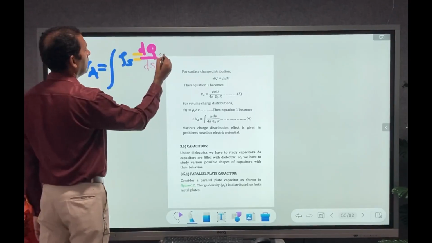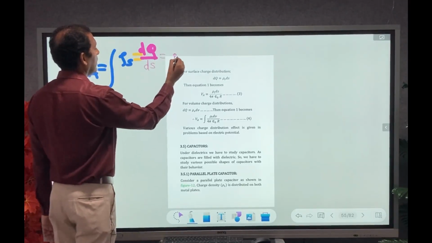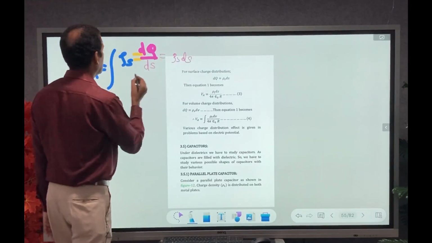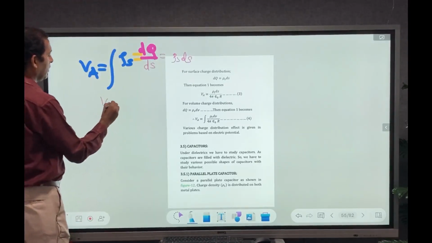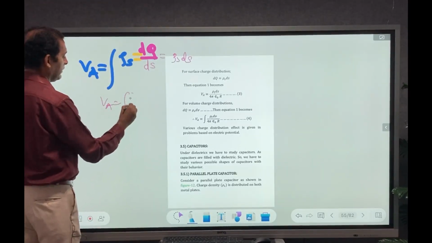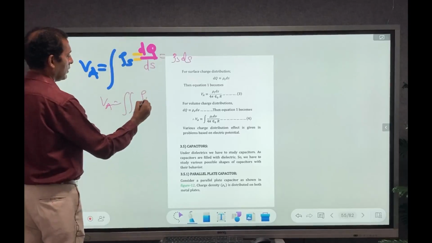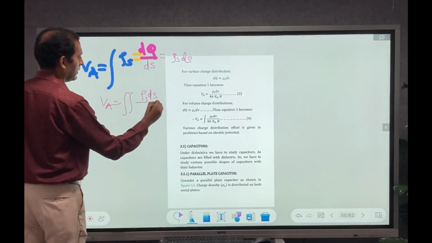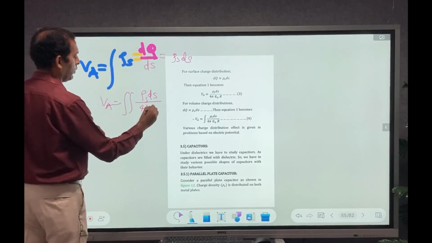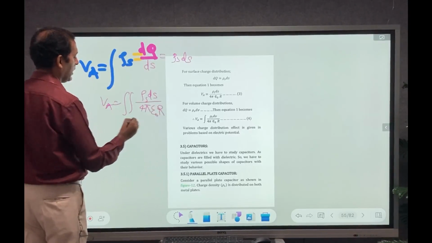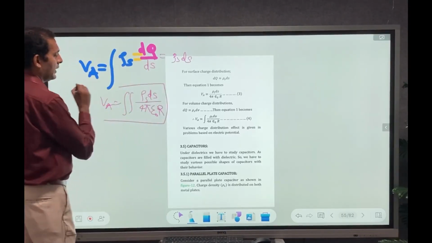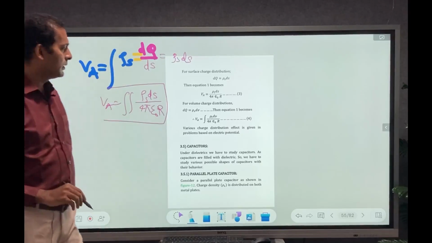So dq will be equal to rho s ds. So V we can find as a double integration of rho s ds divided by 4 pi epsilon naught r. If we solve this, we will get the voltage for the surface.